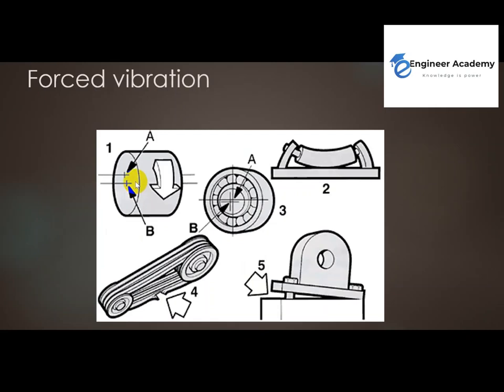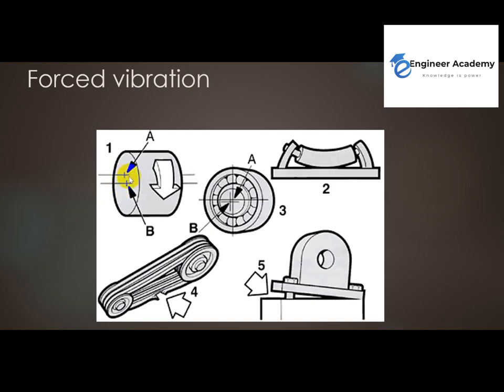But the most important one for our defects here is forced vibration. Why? Because forced vibration is the vibration that comes from an external source, and this external source is our target now, because the external source here is the defect itself. Like here, we have unbalance. Unbalance makes this external source due to this mass.